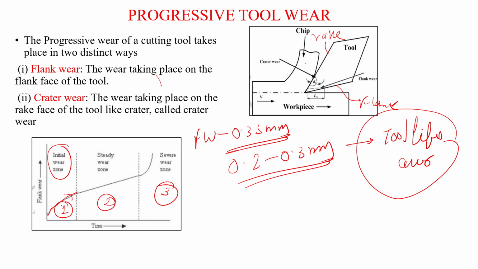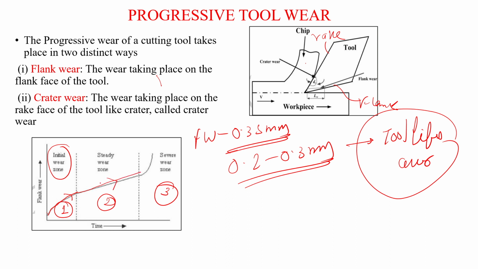But after a certain time, the tool becomes compatible with the workpiece and the machining environment. So the wear becomes steady or uniform. From here to here you can see the wear is very steady, not increasing drastically.